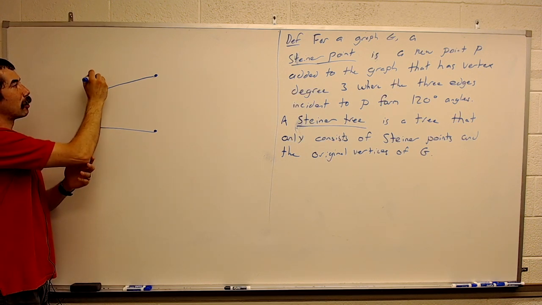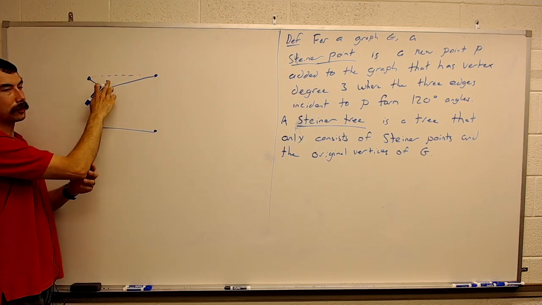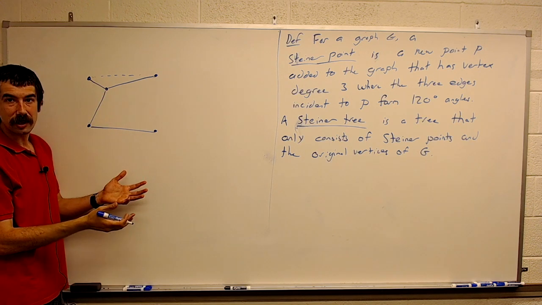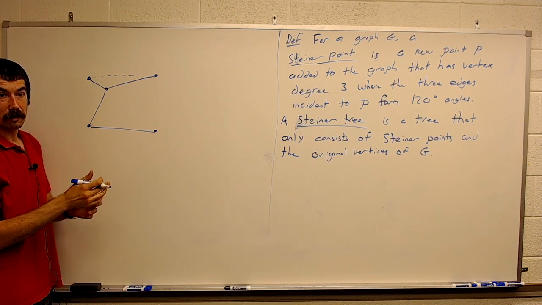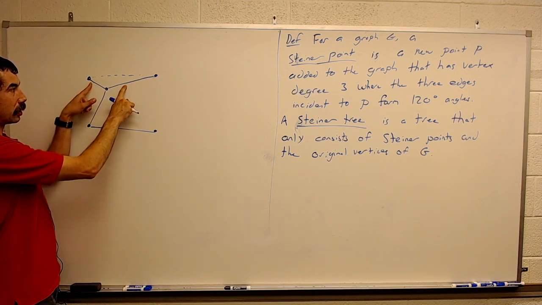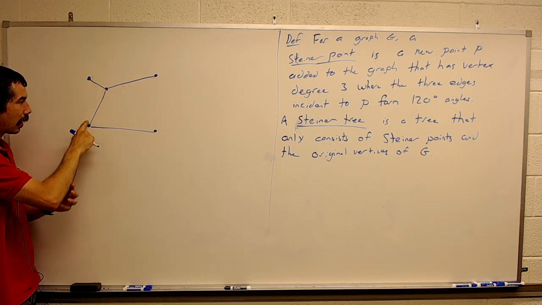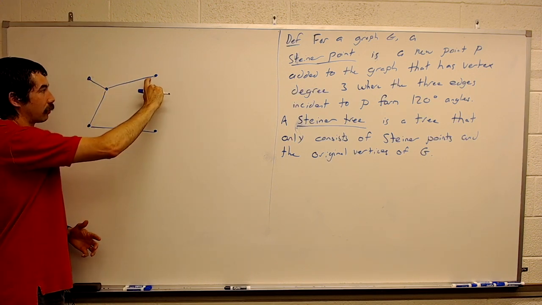If we try the phantom edge again here, remember the theorem says that our smallest network would actually just be these two edges. So there's no Fermat point we have to add. Same thing if we added this phantom edge and this phantom edge.